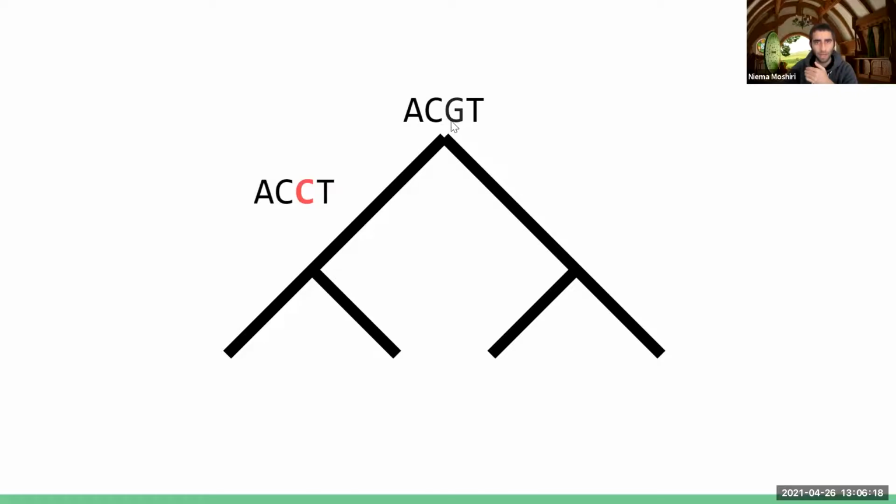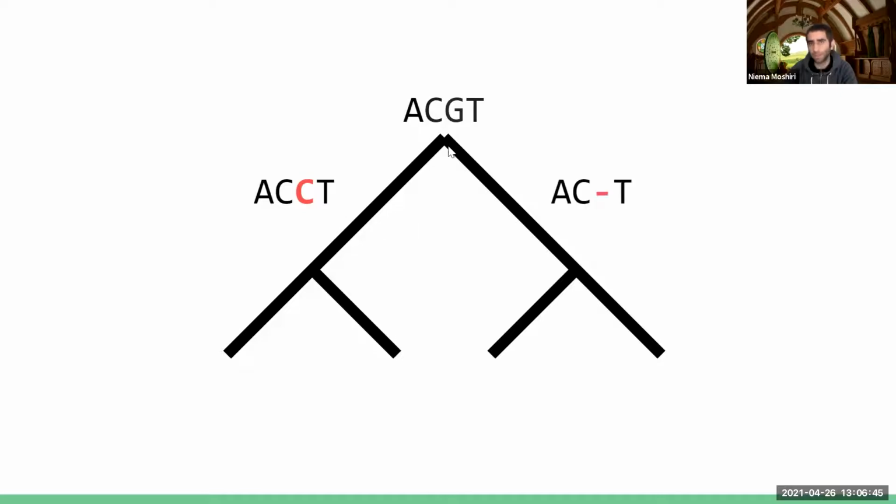Let's imagine that as time goes on, down this lineage of the evolutionary tree, this G here mutated into a C. So this is a substitution mutation, right? What this means is everything below this branch of the evolutionary tree is going to inherit this mutated C. So this is now the ancestral sequence of everything below this point.